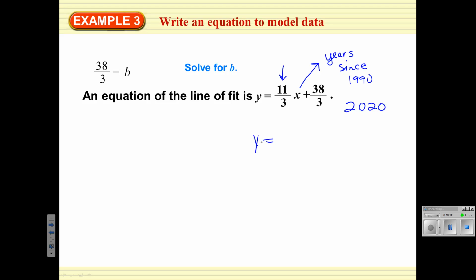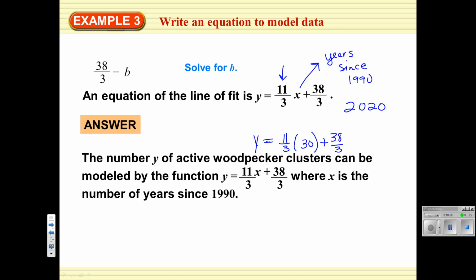We could do an estimation and find out approximately how many clusters there might be in the year 2020 by using this equation. That's the point of a line of best fit. It is for predicting data, and we'll talk about that tomorrow. So there's your equation. You can stop the video and do your guided practice.